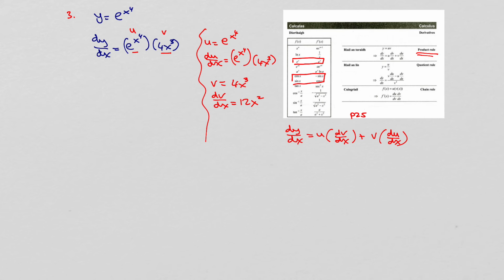So therefore, if I sub into my product rule, my second derivative has to be u times dv dx plus v times du dx.